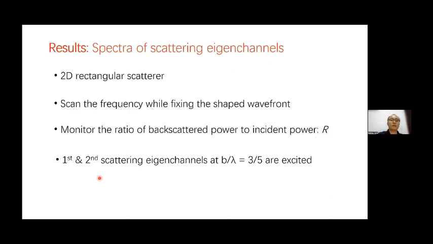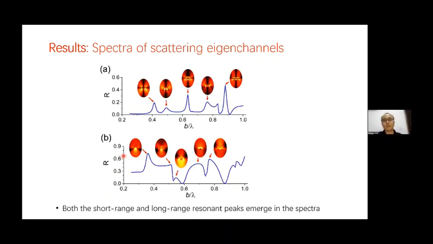We studied two eigenchannels at the frequency 0.6. So here are the results. You see, for the first scattering eigenchannel at 0.6, and also for the second scattering eigenchannel at 0.6, we see multiple resonant peaks, both in the short spectral range and also in the long spectral range.